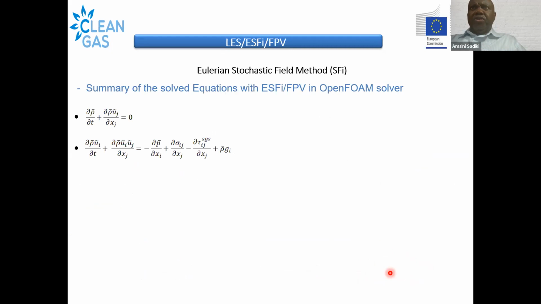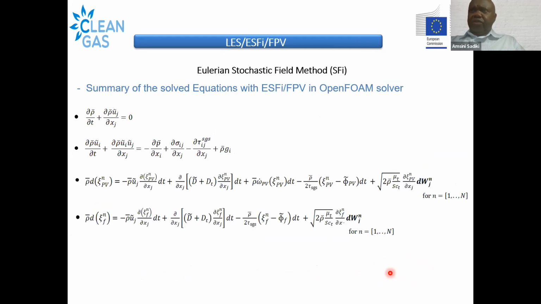For this Eulerian stochastic field, we have to solve the set of equations. We have the continuity equation, the Navier-Stokes equation, and these two sets of equations for the mixture fraction and the progress variable. We need a number of stochastic fields, and we will see the effect of this on the results.